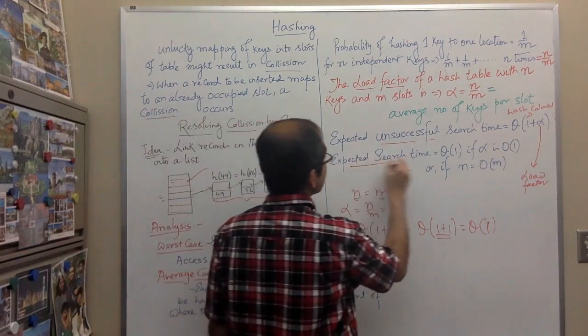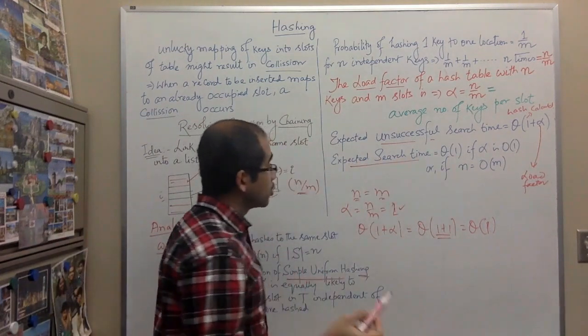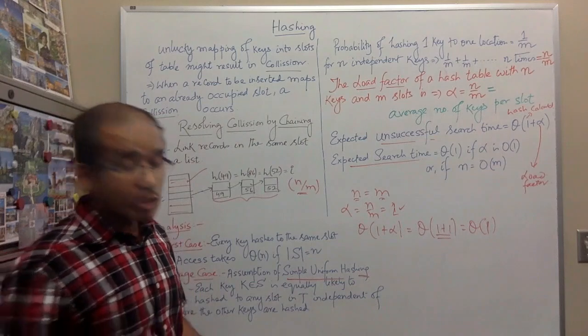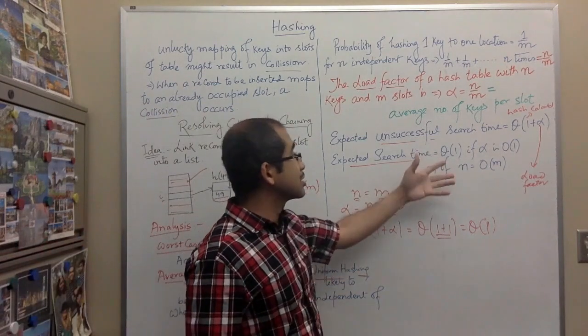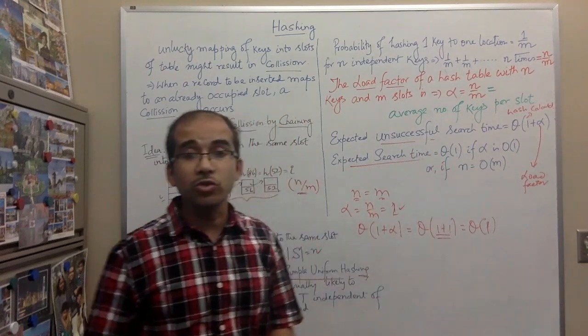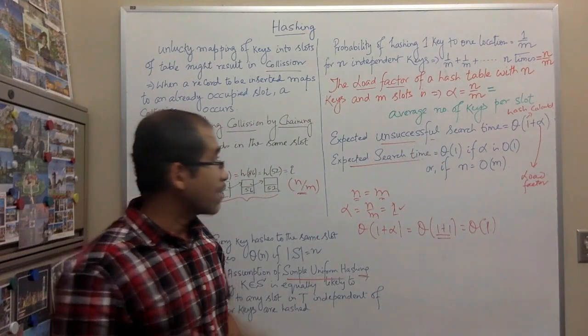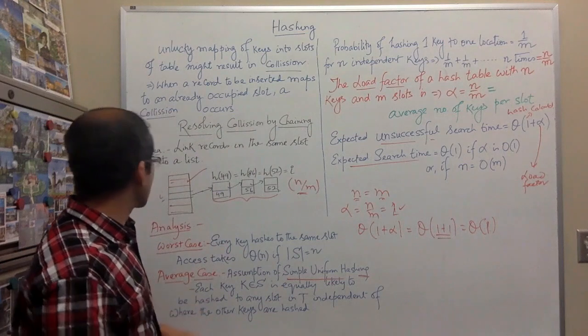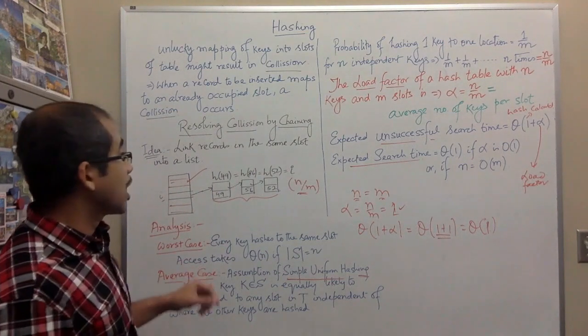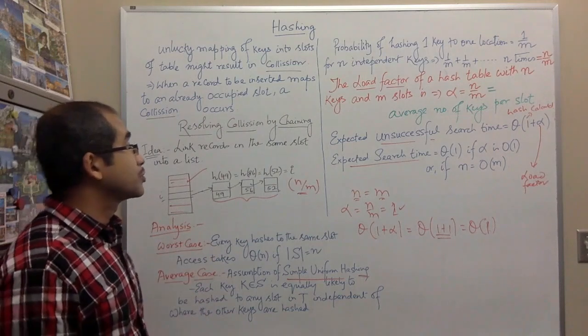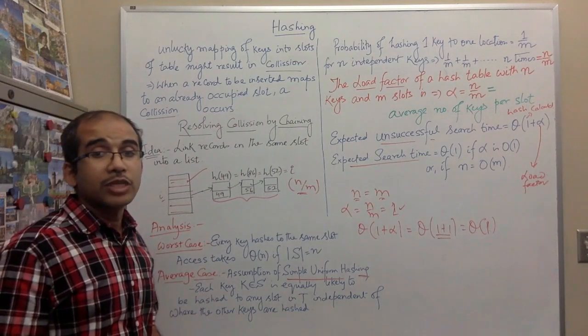In that case, the expected search time will be theta of 1, which is why we actually use hash tables. In the majority of cases, we see theta of 1 or very close to that as the average case runtime of the hashing algorithm, and that is very helpful for dictionary type data operations.